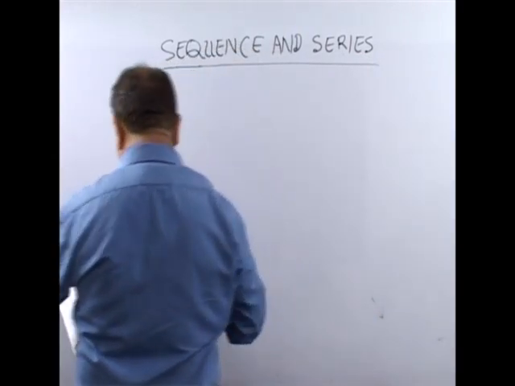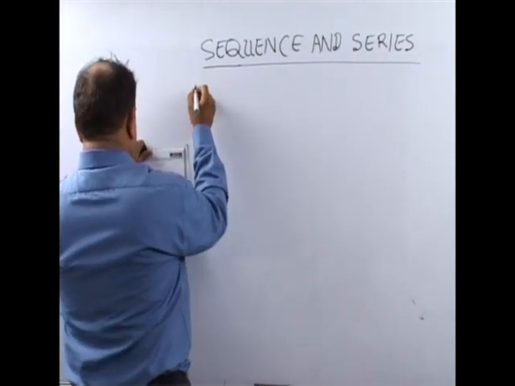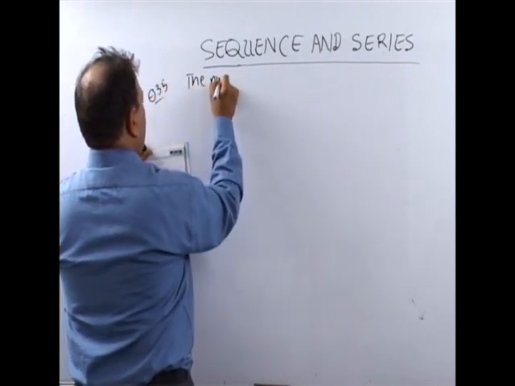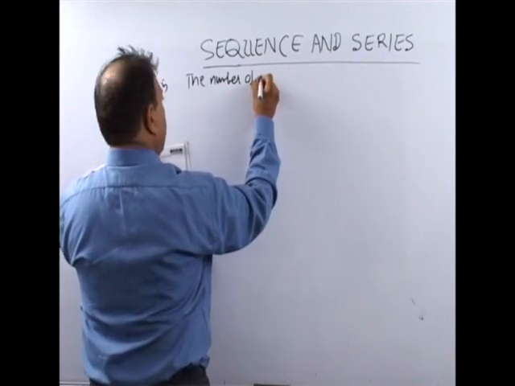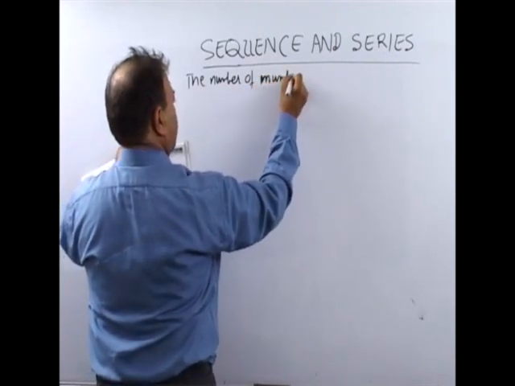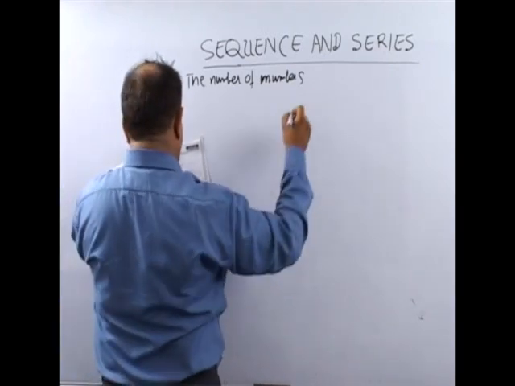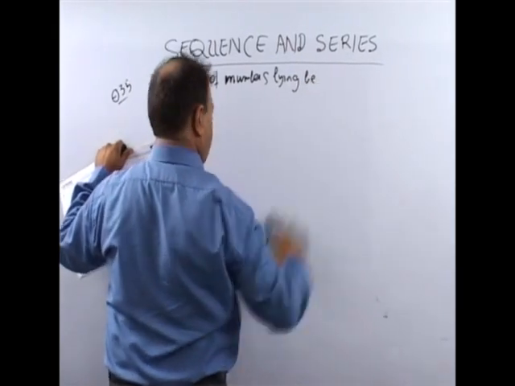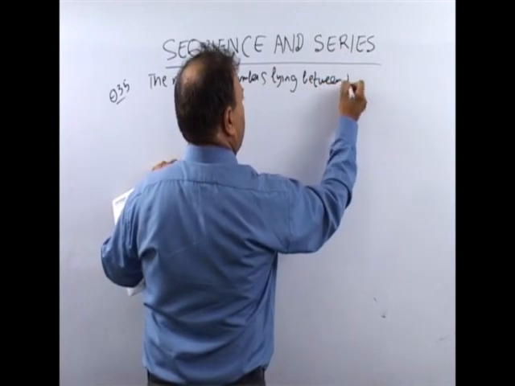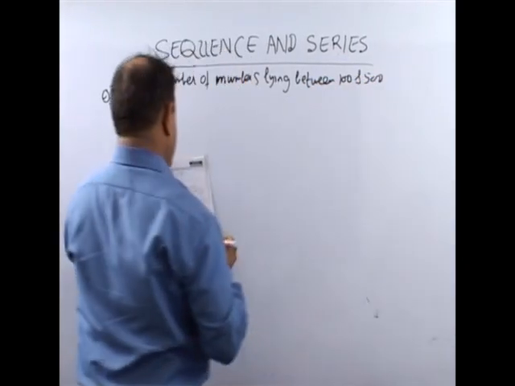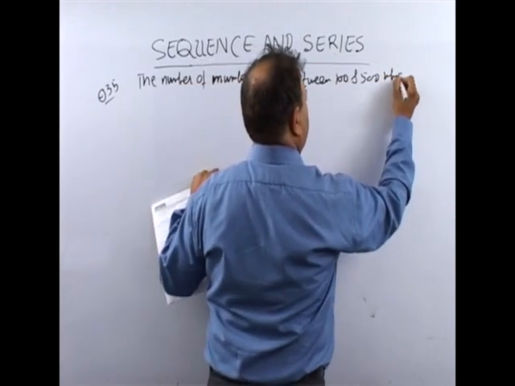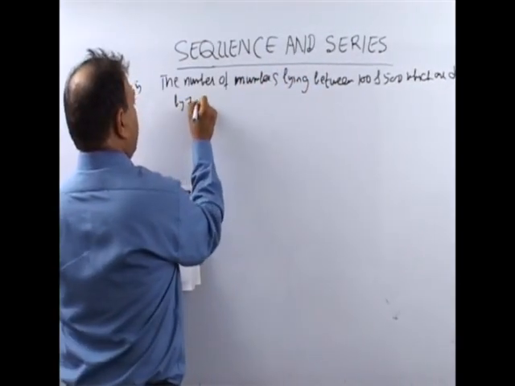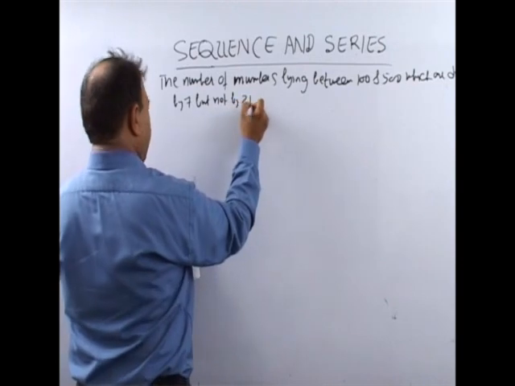The question is: the number of numbers lying between 100 and 500 which are divisible by 7 but not by 21.